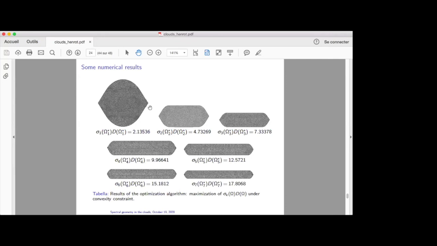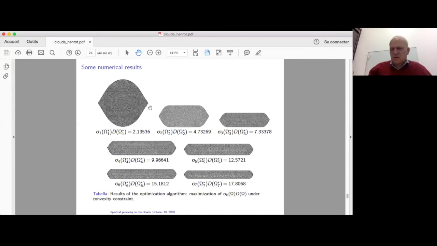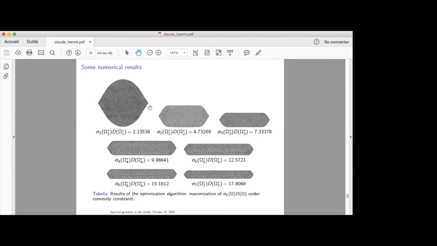So for every two we have the constant width shape between them. I haven't computed higher eigenvalues for the disk, but for the square it repeats more. So some eigenvalues repeat more than 2. Sometimes we have 4, sometimes more than that.